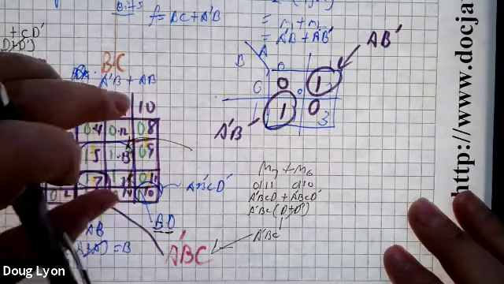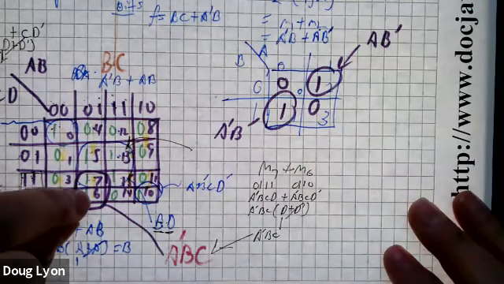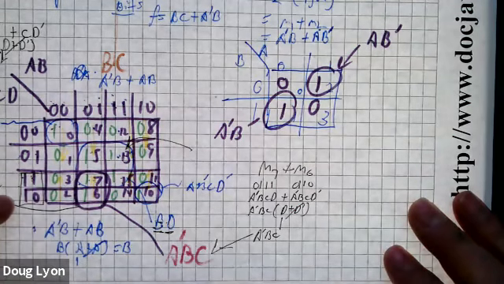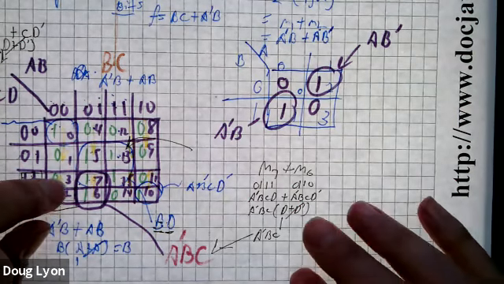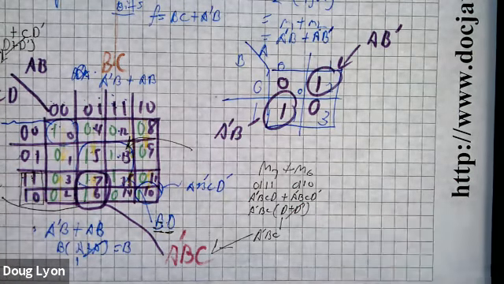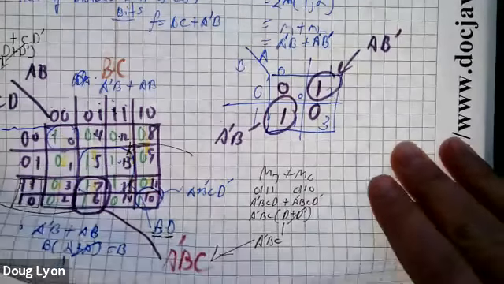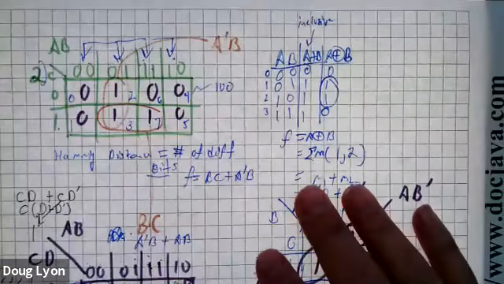If we were to loop the zeros, we would find a minimal sum of products for F prime. But what we're trying to do is find a minimal sum of products for F, not F prime. What that tells me is we're looping the ones. Okay. Thank you.